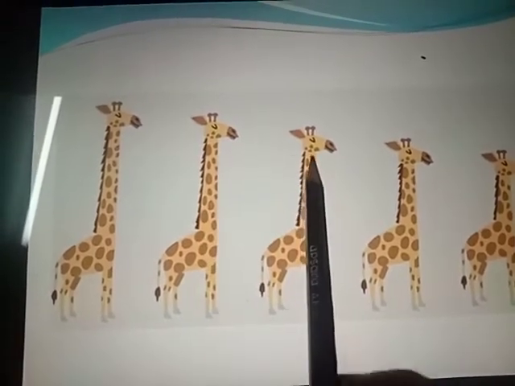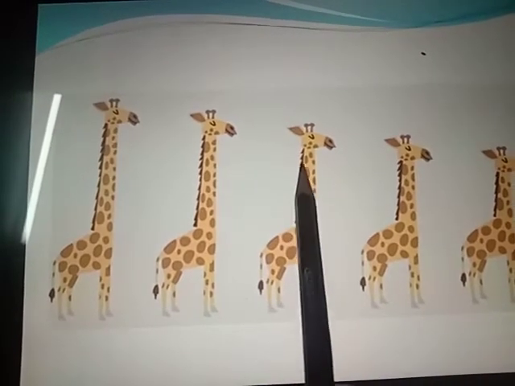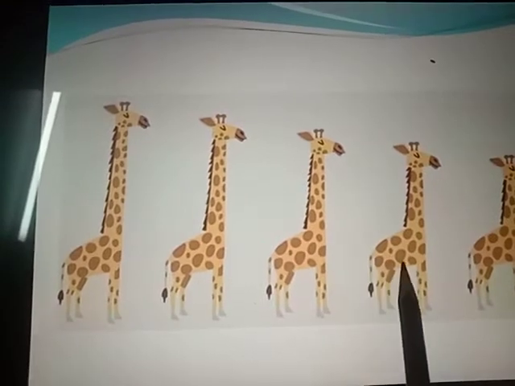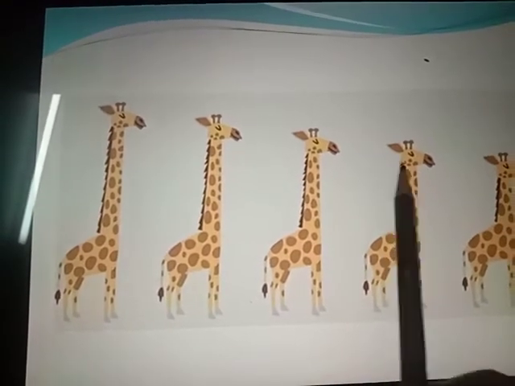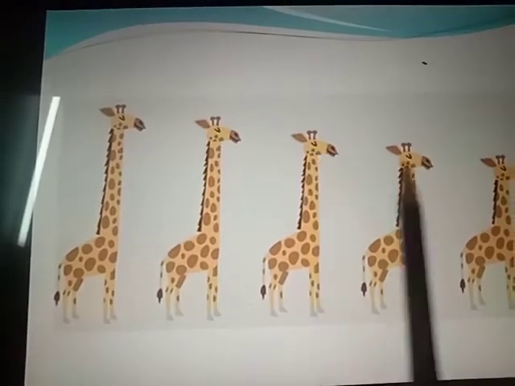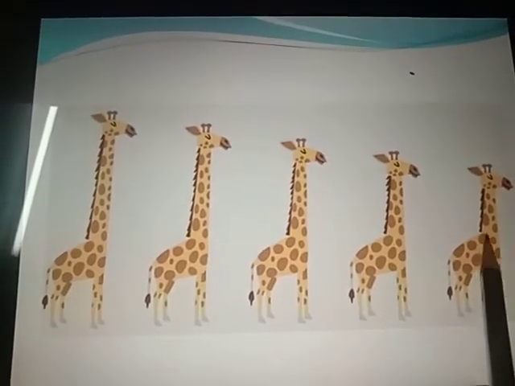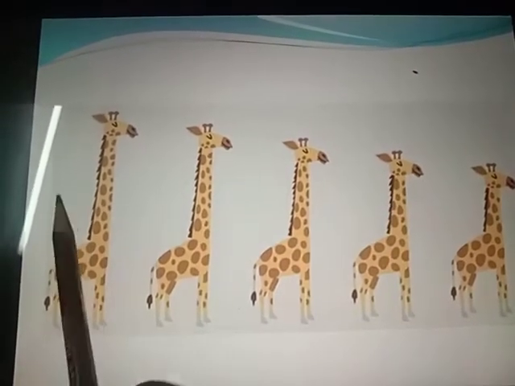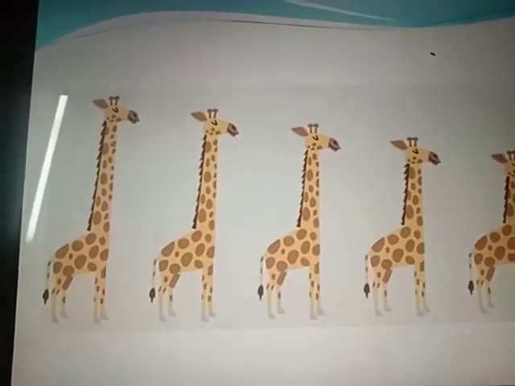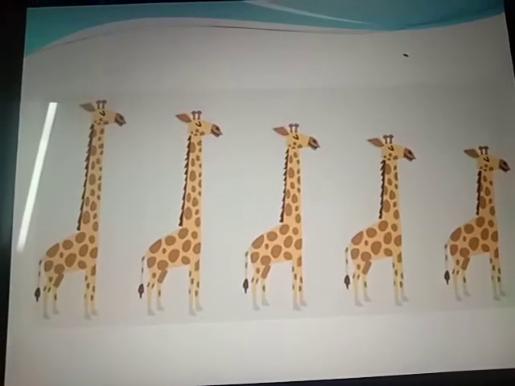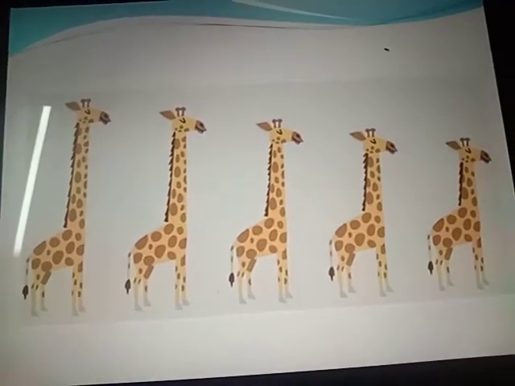Then after him, the giraffe that is standing is of shorter height than this one. Next, the giraffe has a shorter height than this giraffe, and the last giraffe has a shorter height than all the giraffes. Yes, the same way we can do the work with the numbers. How? Let's see.